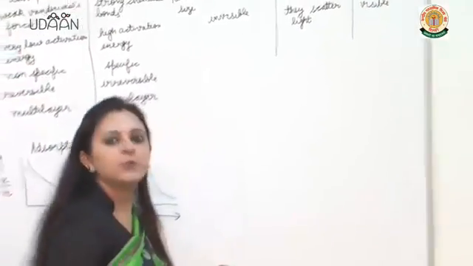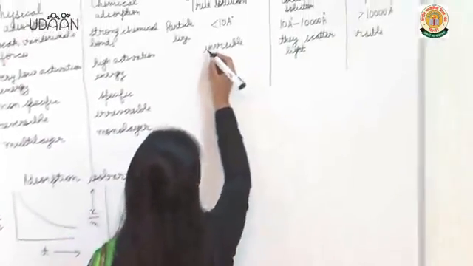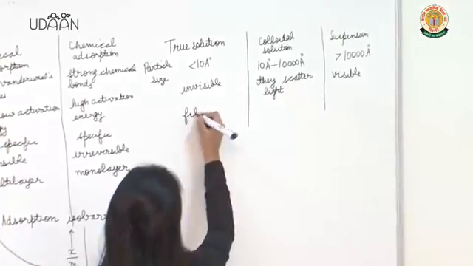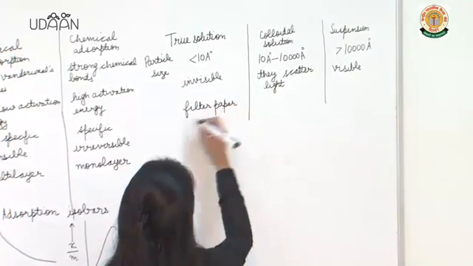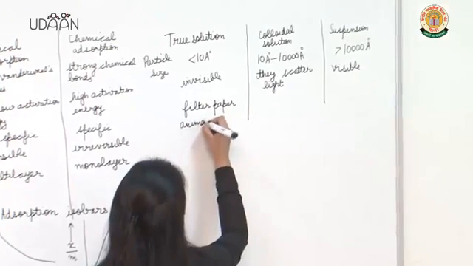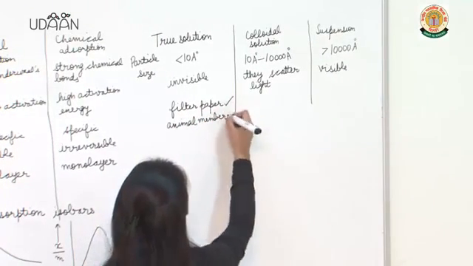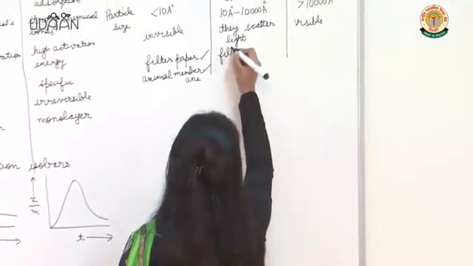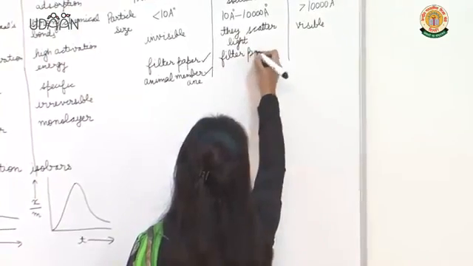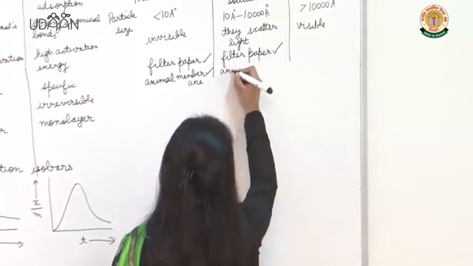Now when we talk about the true solution, the particles can pass through filter paper as well as animal membrane. Colloidal solution will pass through filter paper, but it will not pass through the animal membrane.